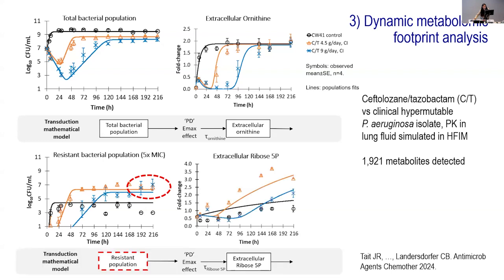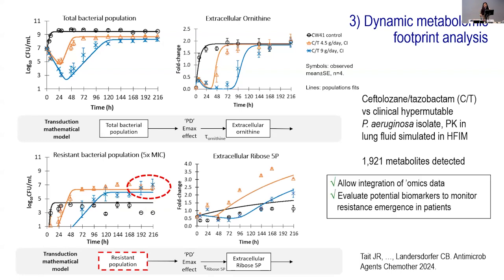And also some other metabolites, such as ribose 5-phosphate, correlated with the resistant bacterial population, and we could mathematically model that as well. So we believe this also shows some promise to use such an approach to maybe identify potential bacterial biomarkers in the future to monitor resistance emergence.